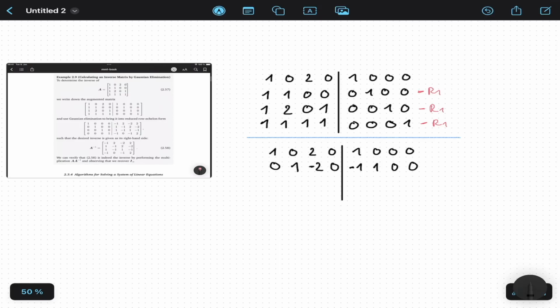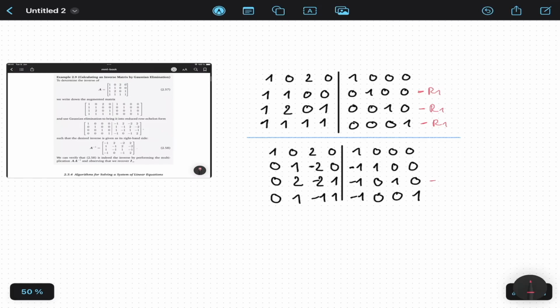So third row will be 0, 2, -2, 1, -1, 0, 1, 0. Okay, let me double check this one. Then the last one will be 0, 1, -1, 1, -1, 0, 0.